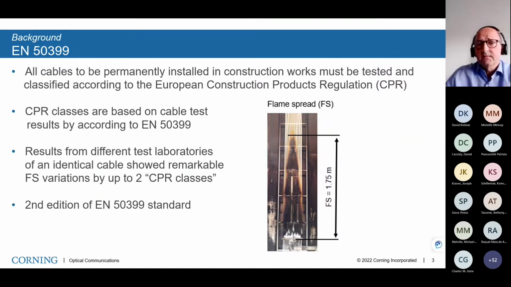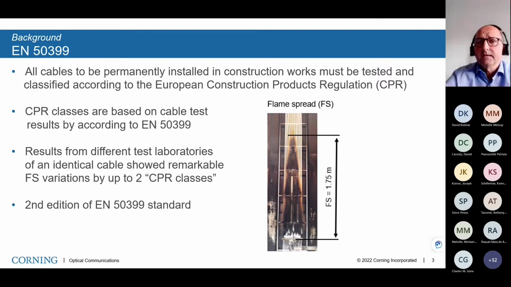The test method itself imposes high requirements on test laboratories in order to obtain comparable results. While executing the CPR, it became more and more obvious that the burn test results, in particular the vertical flame spread, can vary between laboratories.